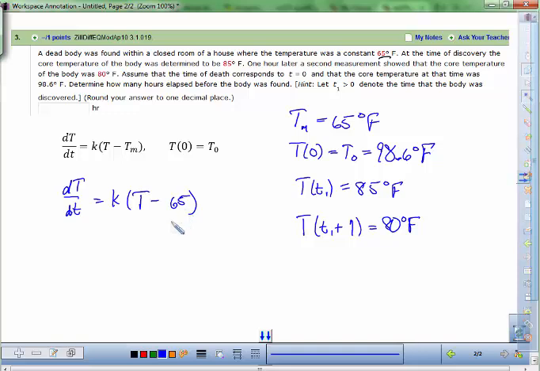So this is your differential equation, and we can actually go through the process of solving for this differential equation, or we can just try to remember what it was. I don't remember. Plus something. I don't quite remember what it was, so let's go through the process of solving for this.